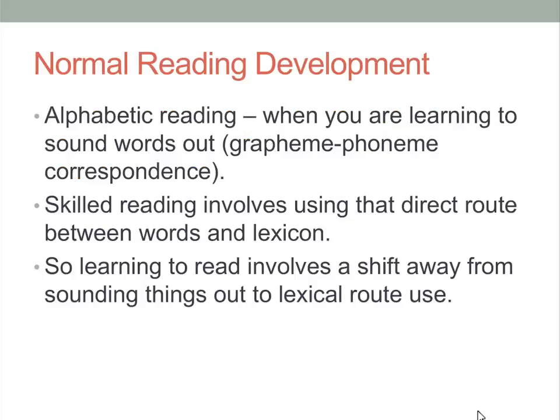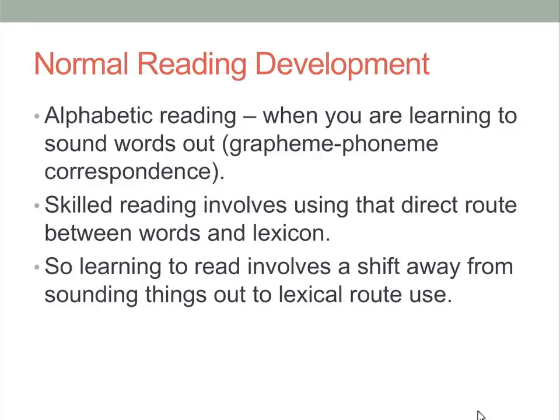So there's a pattern to normal reading development. Alphabetic reading is when you're learning how to sound out those words using the grapheme-phoneme correspondence. We're going to talk a lot about the dual route model and the GPC in this section. So if you don't remember it quite well from the last section, be sure you check that out. And skilled reading, where people are good at reading, really involves using that direct route between words and the lexicon.